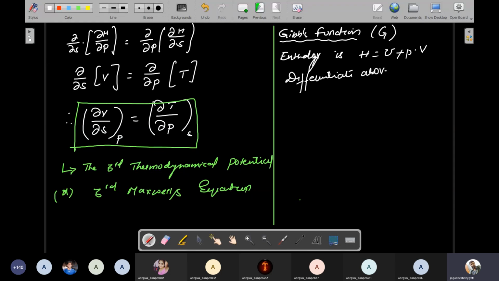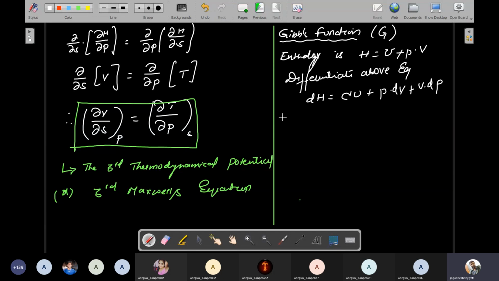Therefore, dH is equal to dU plus, applying the UV method, P is constant and V differentiable, after that V constant and P differentiable: P dV plus V dP. So this is the equation.